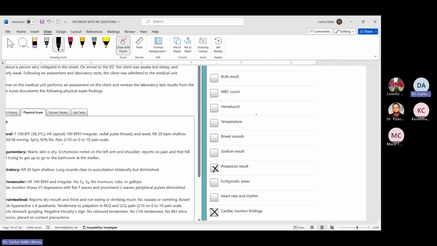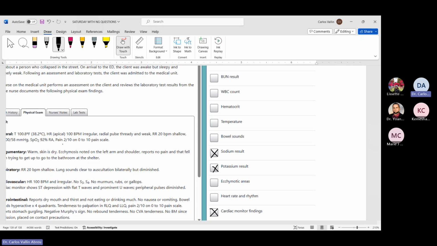The signs of dehydration are high hematocrit, high BUN. So because I have two signs of dehydration, BUN and hematocrit, my instinct says I only have one left. So I'm not going to select dehydration. What is left to select is the sodium level, and then I select the hypernatremia.